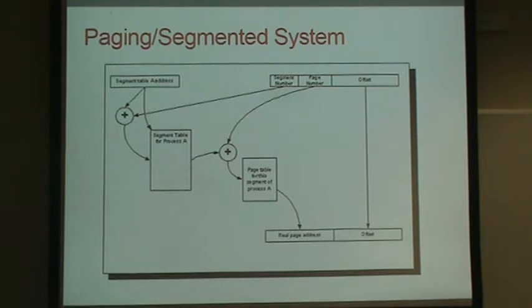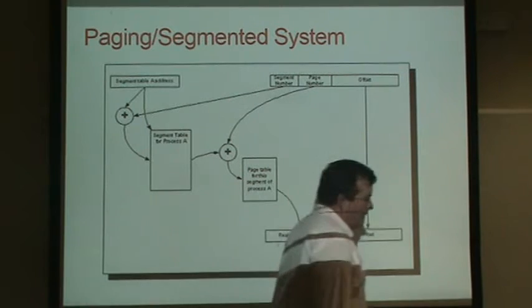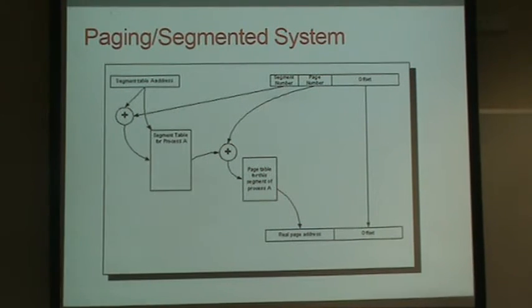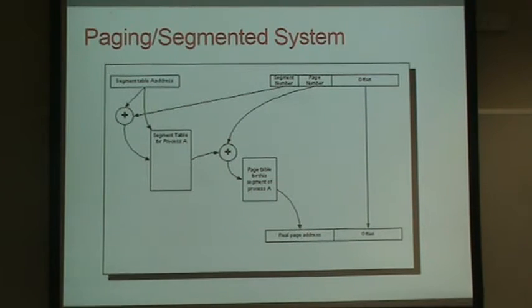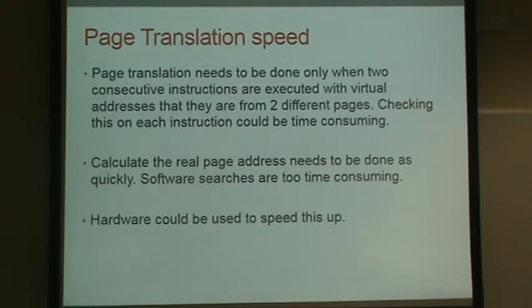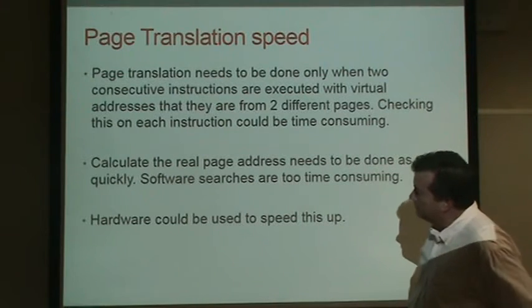So operating systems do take this paging and offset into the page and then add more layers to it. And you might think this is going to cause a lot of translating, and the translating takes time. So we might want to figure out how to do this quickly. So the page translation speed becomes important.